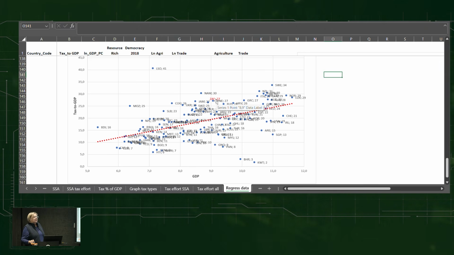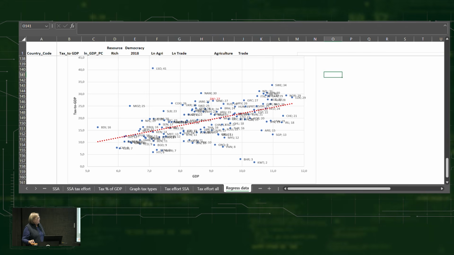But we're still not at our total capacity, because there are countries above us that are actually collecting more revenue for a given log GDP. So this is the frontier, what they say is the capacity. If you're below this red line, you're collecting less than the mean of all these countries. If you're above this trend line, then you are collecting more than this.